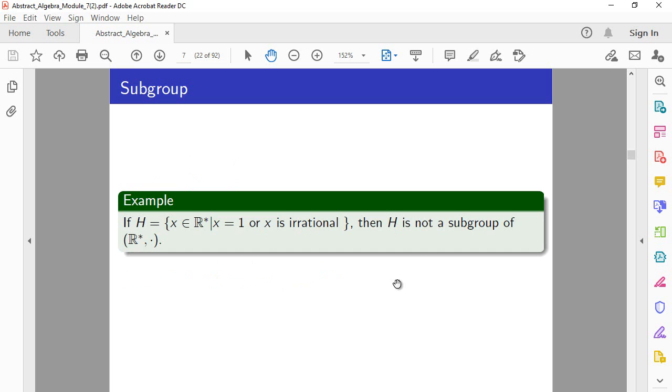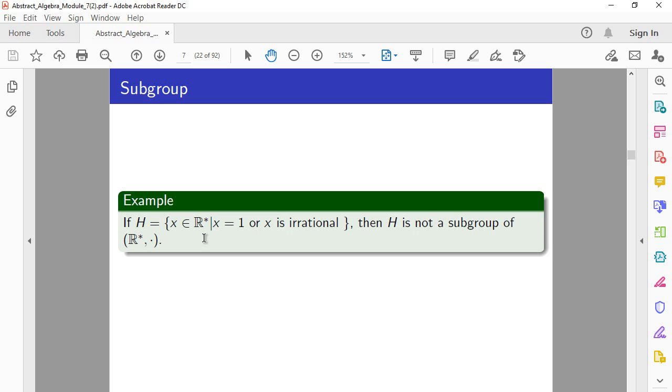Okay, so let's now take H to be the set of all non-zero real numbers x such that x is either 1 or x is irrational. So the set H is basically the set of all irrational real numbers, and H also contains the number 1. Now, is H a subgroup of R star under multiplication?